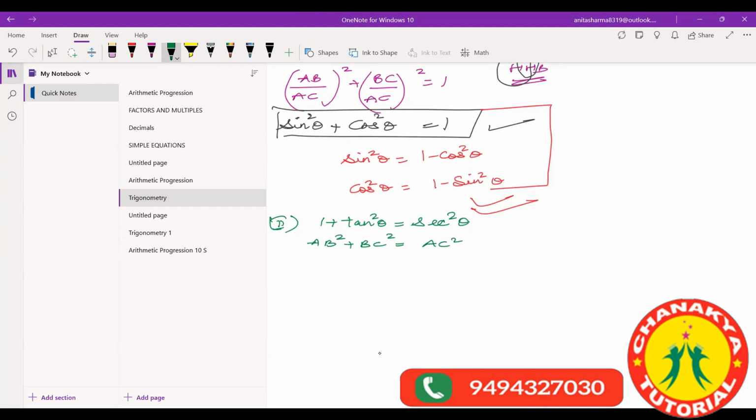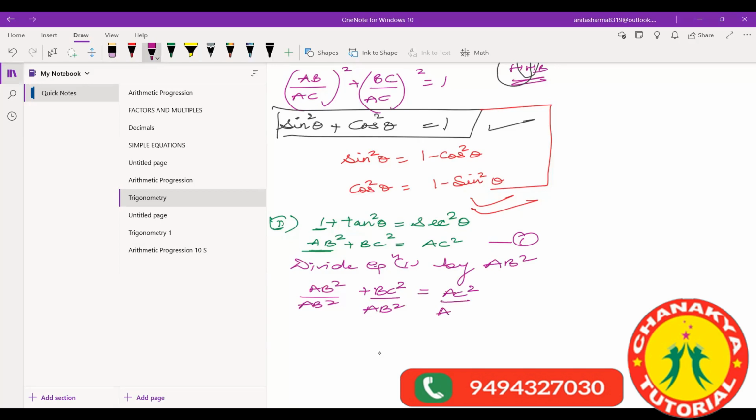Right, beta? So children, here you need 1. So what you will do, you will divide this equation, let this be equation 1, by AB square. Now AB square upon AB square plus BC square upon AB square is equal to AC square upon AB square.